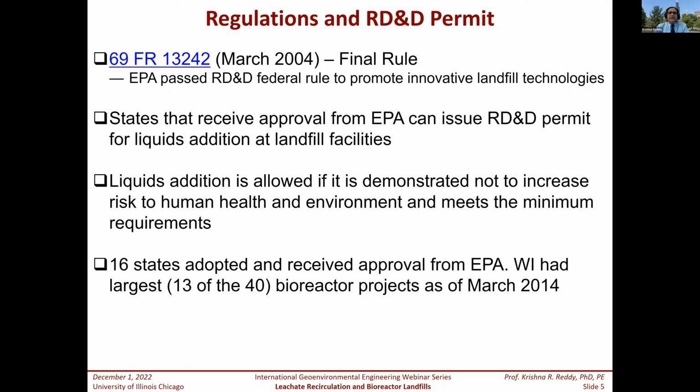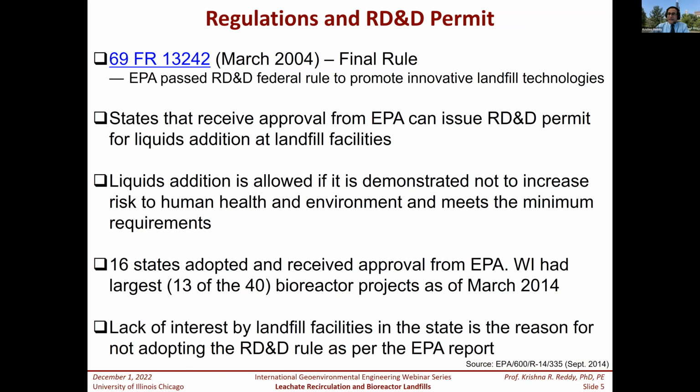Right now you cannot really inject leachate or any type of liquids into the waste. But they came up with this approach, case by case, based on this RD and D permit. So if somebody is interested in converting their landfill into a bioreactor landfill, they need to apply to US EPA and get this research, demonstration and development permit. Only then can you do it.